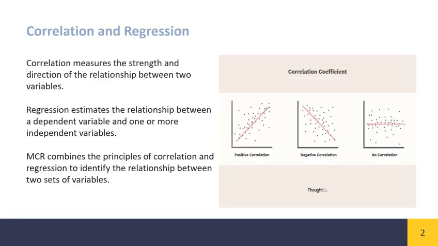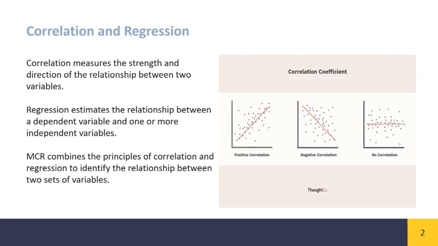Now we discuss correlation and regression. Firstly, we discuss the definition of correlation. Correlation is the relation between two variables such that a change in one variable results in a positive or negative change in the other, and a greater change in one variable results in a corresponding change in the other.